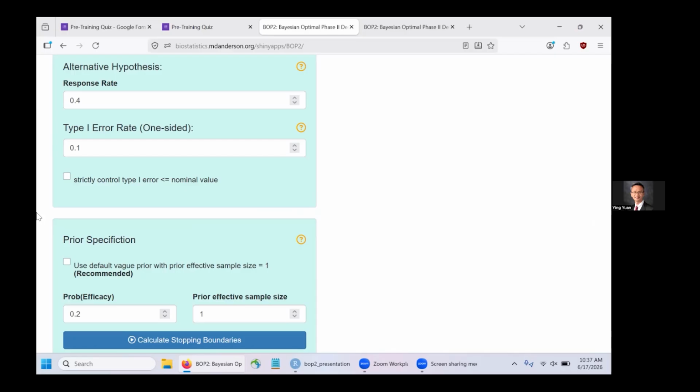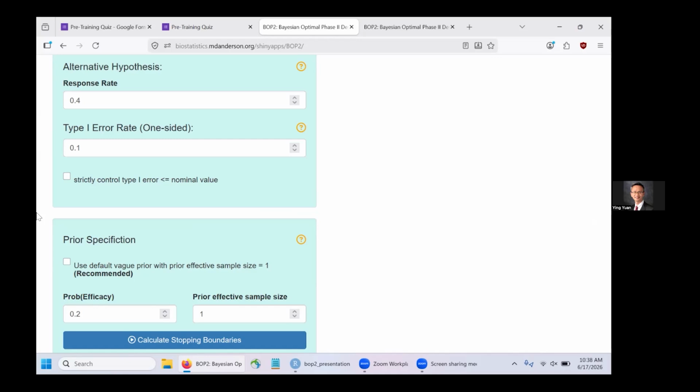When you use an informed prior, the methods and the software will still optimize the decision boundary based on a non-informed prior, and then apply the informed prior when you make the go, no-go decision. This is kind of anti-intuitive because most people think I should use the user-input prior to determine the go, no-go decision.